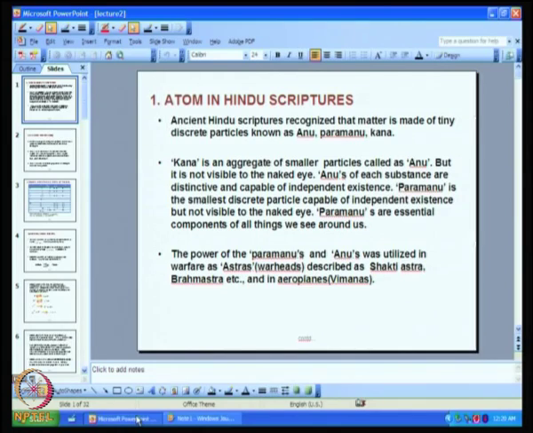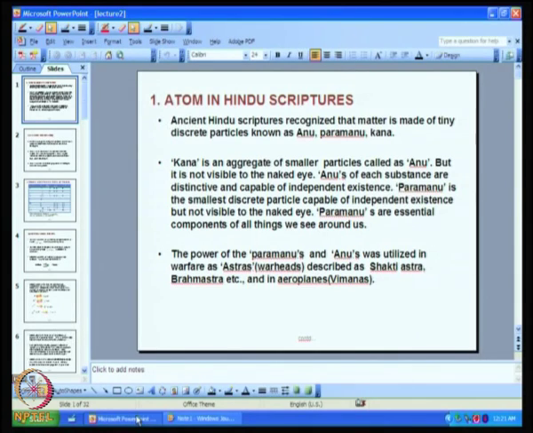The concept that the matter is built up of tiny discrete particles traces its origin to the ancient Hindu scriptures such as Vedas. The description of molecules and atoms and electrons have been given as Kana, Paramanu and Anu.